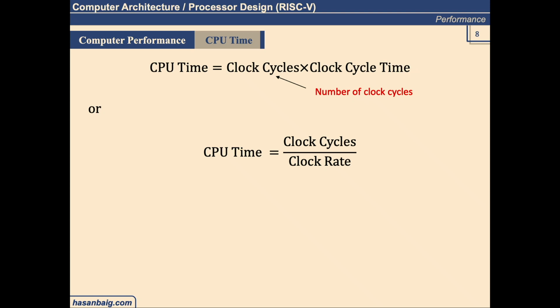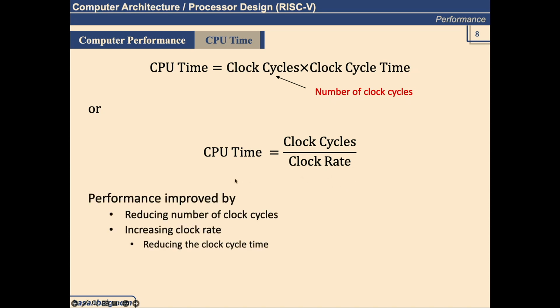The thing which is at the denominator, if it increases, of course it will reduce this factor, CPU time. And when the CPU time reduces, it means that your processor is able to complete the task in less amount of time. Or what we can do is we can reduce the number of clock cycles. Our aim is to reduce this factor. We can either reduce it by reducing the number of clock cycles taken by the task, or by increasing the clock rate. Both of these things will help us reduce CPU time.